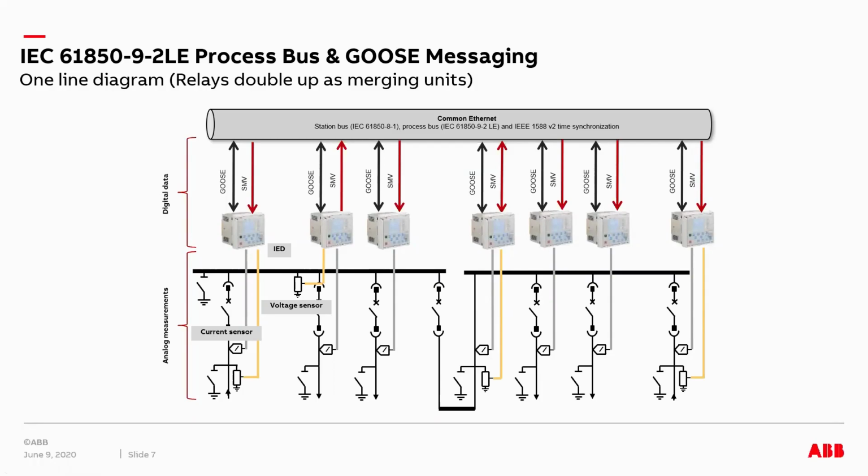In addition, we have GOOSE messages, as we see here. GOOSE messages are binary input-output signals which are transmitted to multiple relays, especially for interlocking schemes or protection and control schemes like fast bus protection, zone selective interlocking, or circuit breaker failure protection.